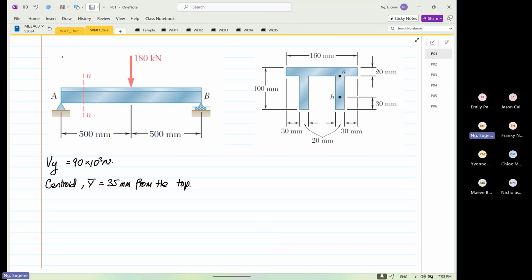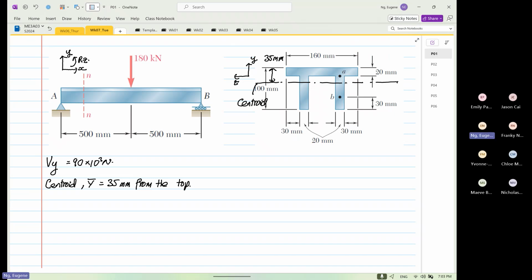If we have a transformation over here, this is our X, this is our Y, and this is our rotation about Z. So this will be our Y, this is our Z. This is the position of our centroid, and we found that from the top it is 35 millimeters.